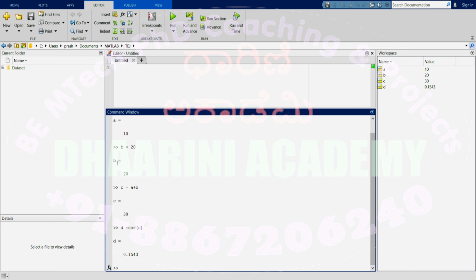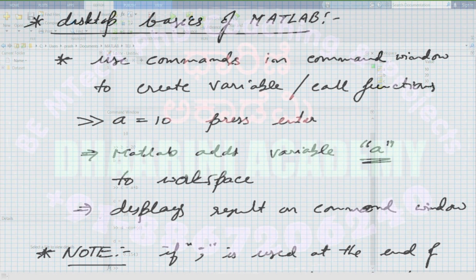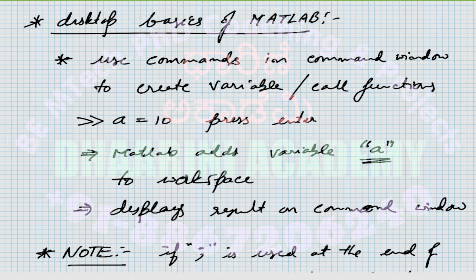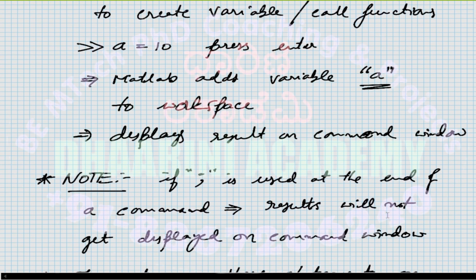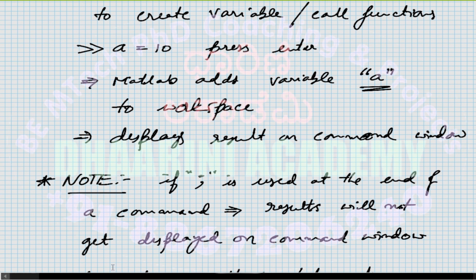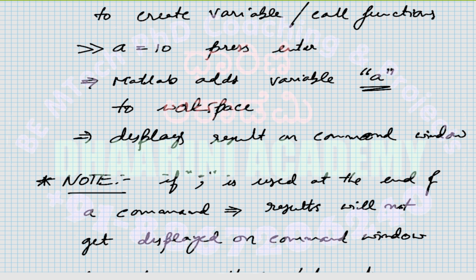So b equal to 20, etc. What if I don't want to see that? That is possible. We can do that by using a semicolon at the end. If the semicolon is used at the end of a command, results will not get displayed in the command window. You can suppress the result being shown.